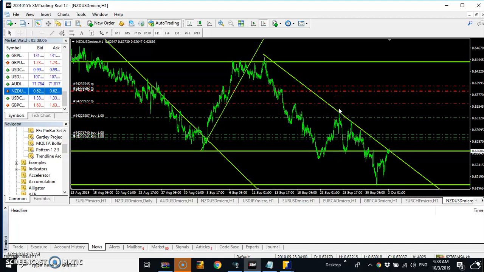It's almost 100 pips. When you put a line like this, you are able to get a target of almost 200 to 300 pips. And you see that this is sitting on a reversal line.